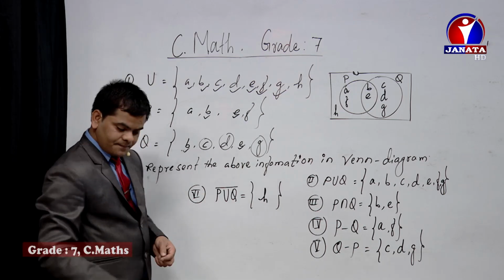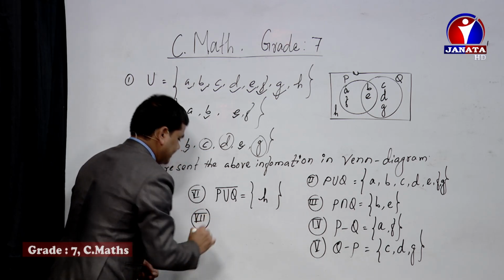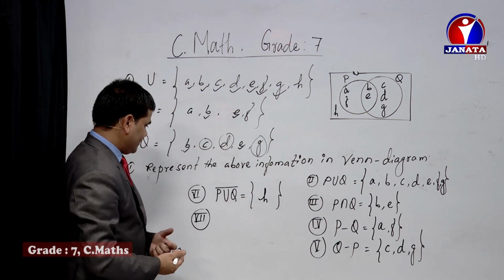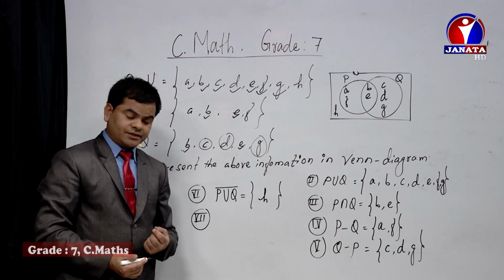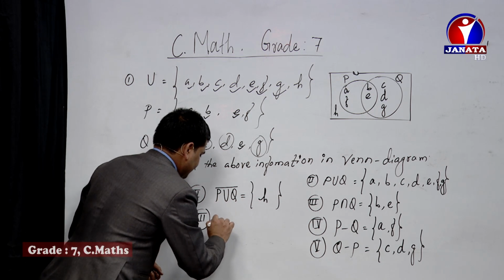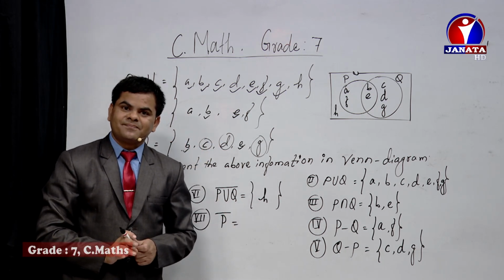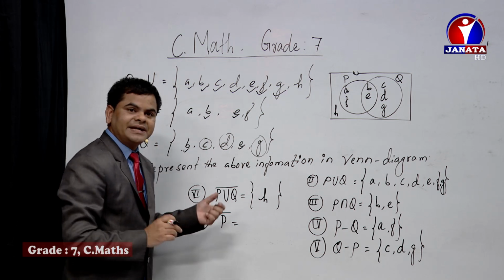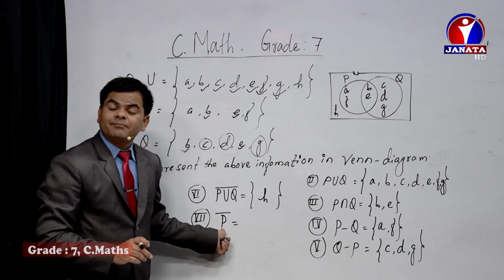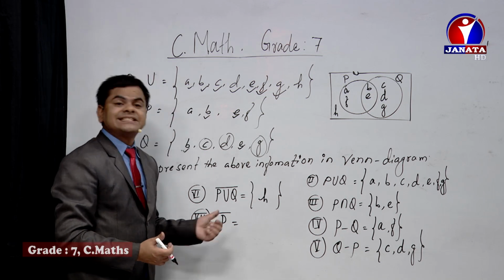Now dear students, another one, the 7th number question. In the same question, I'm going to represent all the required things. What can be asked in the examination? All those questions I'm going to represent. Now another one, P complement. If the question says P complement, what will you do, dear friend? P complement means the elements except the elements of the P set.